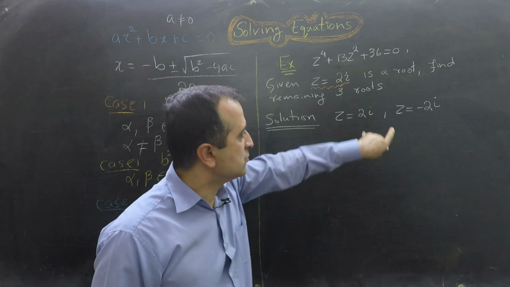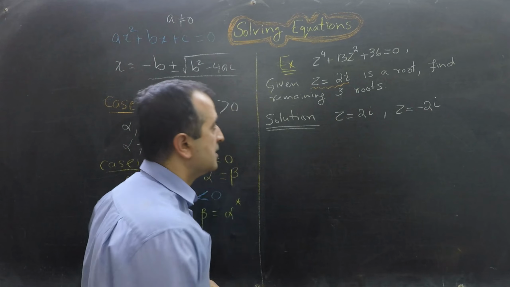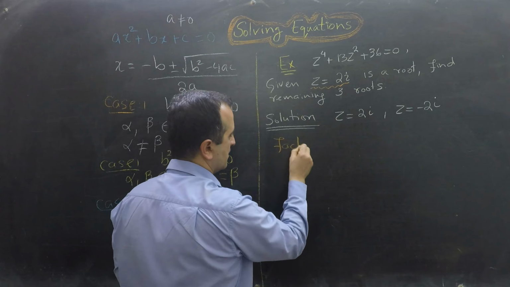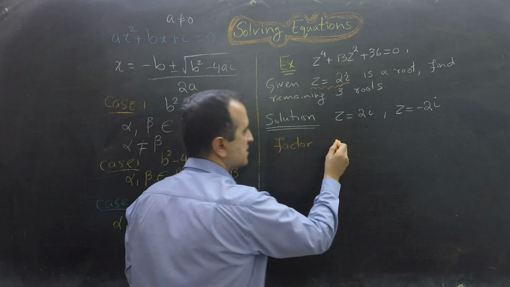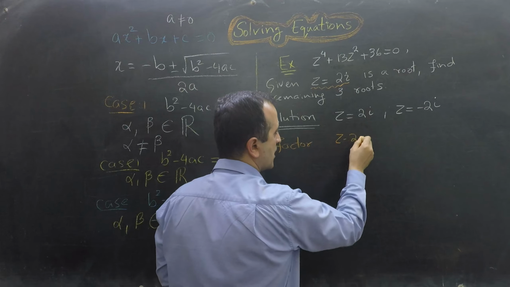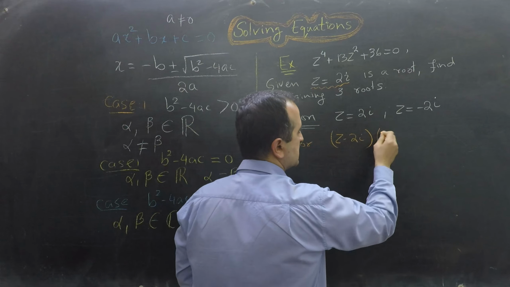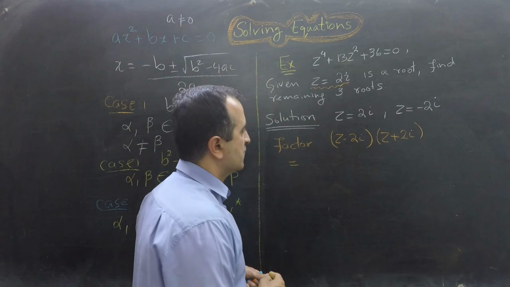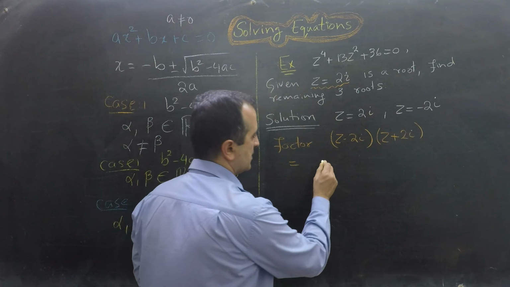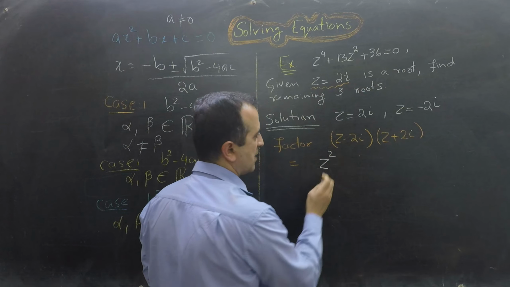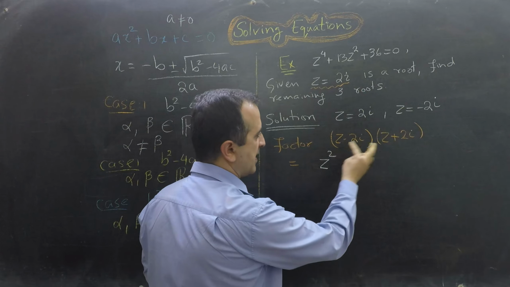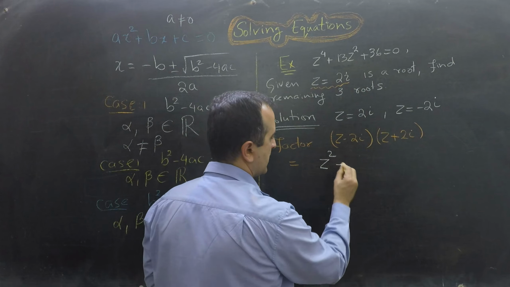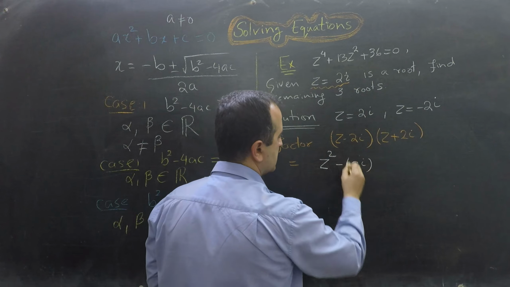After finding these two roots, I can say that this equation has a factor which is z minus 2 iota times z plus 2 iota, which will be equal to z square minus 2 iota whole square, because I'm using the a plus b, a minus b formula.